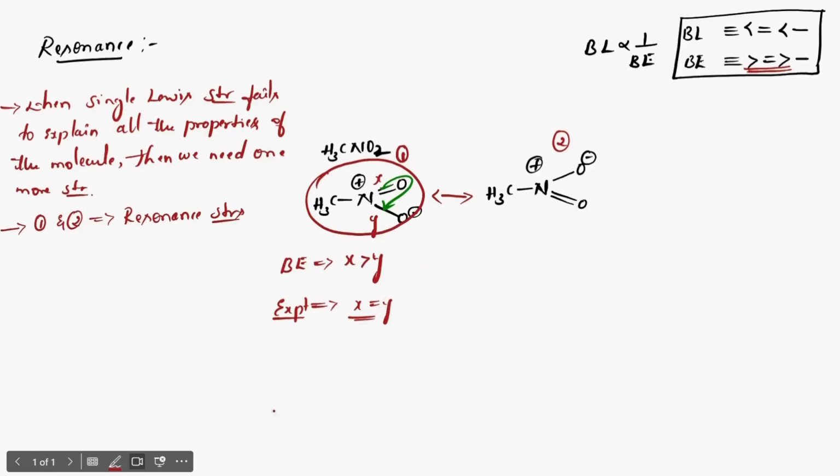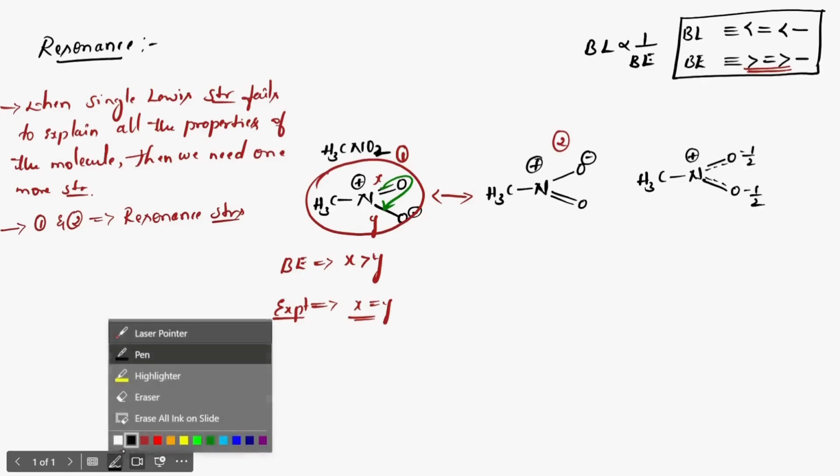So I will write one more structure, that is CH3 N single bond O and single bond O. Here in the third case, these pi electrons are distributed to both the oxygens, leading to the formation of a partial double bond. Again, nitrogen will have the positive charge and one negative charge is distributed over two oxygens, that is minus half and minus half.